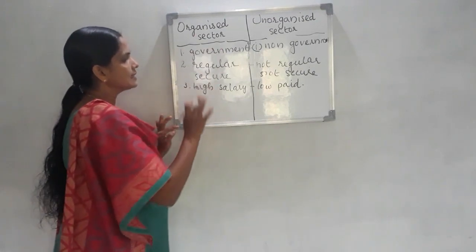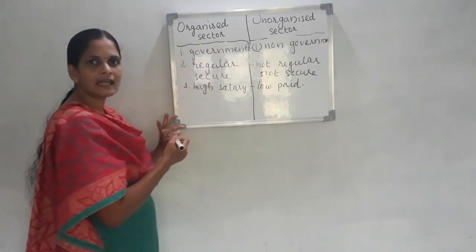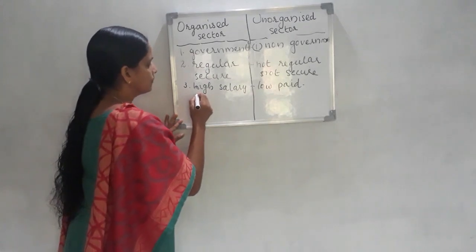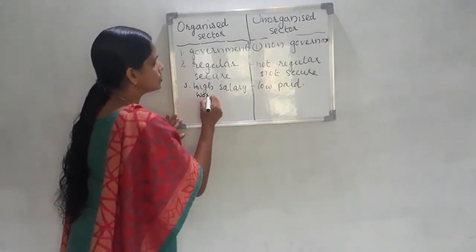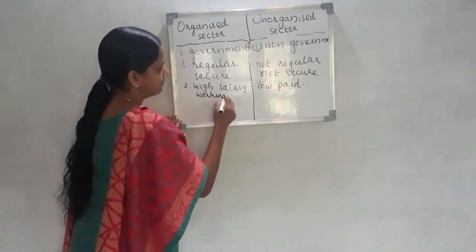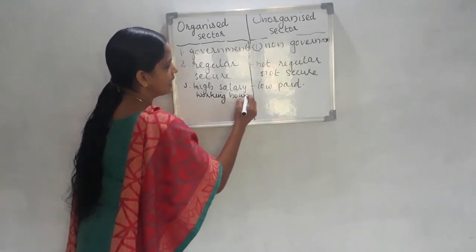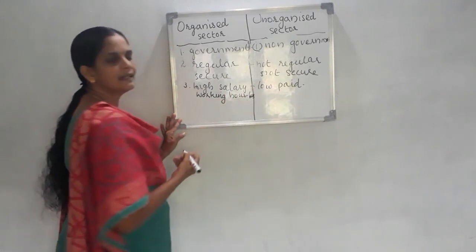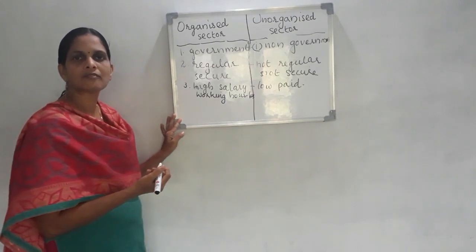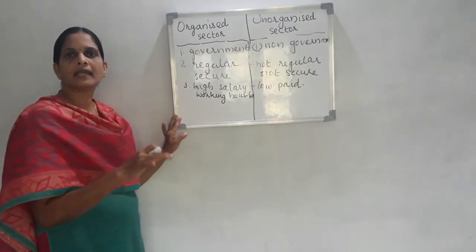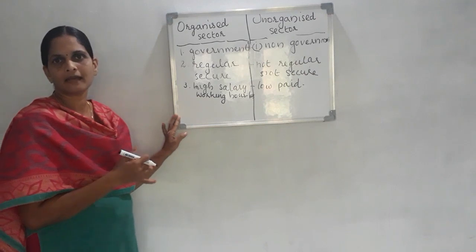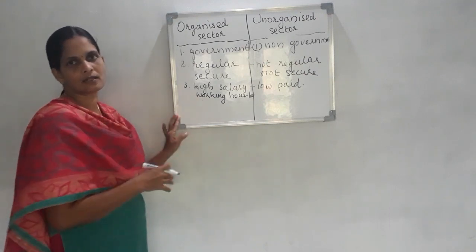In the organized sector, they get comparatively high salary, but working hours are also less. Working time is less in the governmental sector. That means they have to work from morning 10 a.m. to 4 p.m. in the evening. They have fixed rules and regulations.